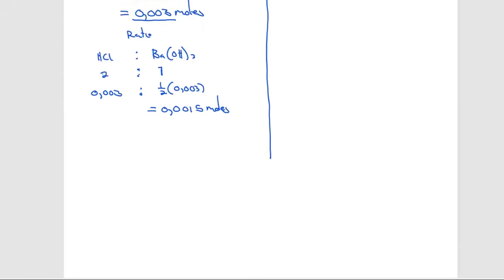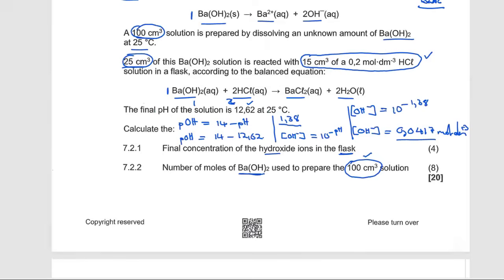Then after that, now I'm going to proceed to the final, in terms of the total volume. If we look at our data, we have the concentration of hydroxide ions. The concentration of the hydroxide ions, we calculated there as 0.0417.